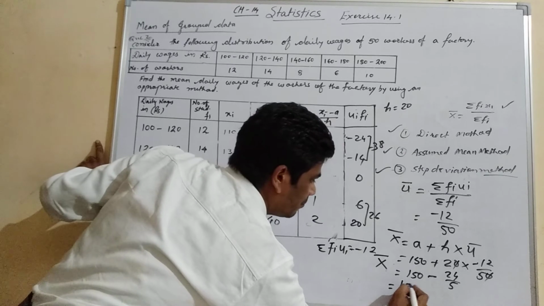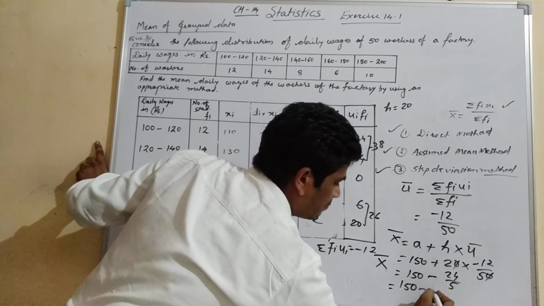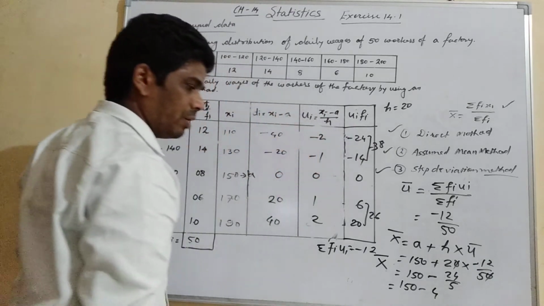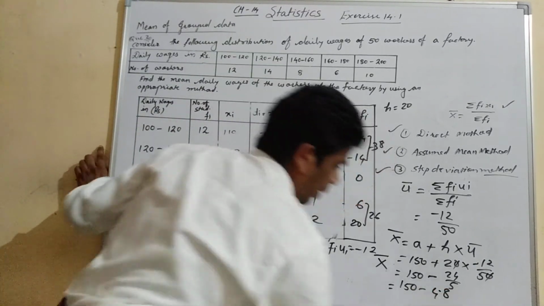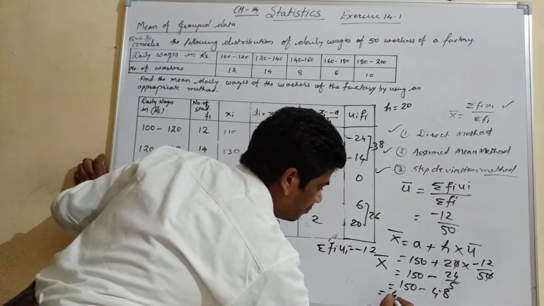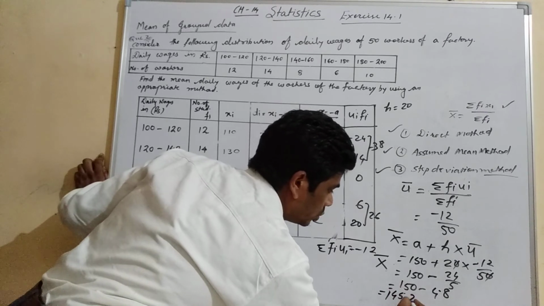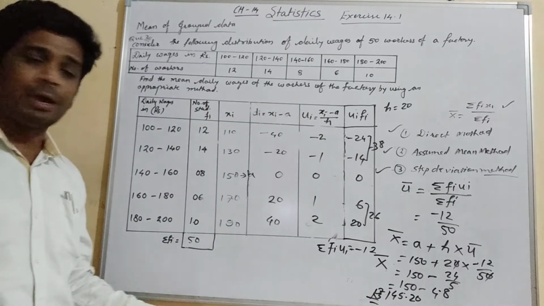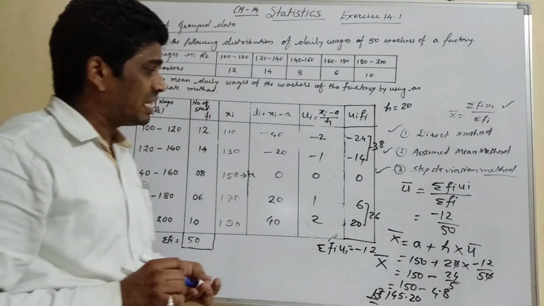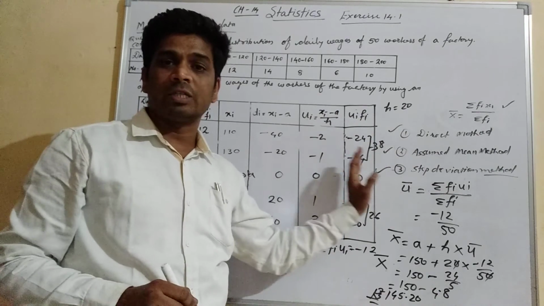So it will be 150 minus, again same we got, 5 4s are 20, remainder will be 4, 40, 5 8s are 40, decimal 4.8. So we will get 145.20. Here also we got the same mean, 145.20. So this method is called the step deviation method.